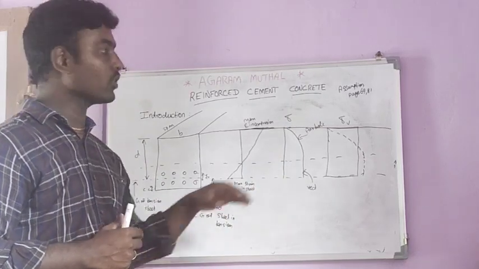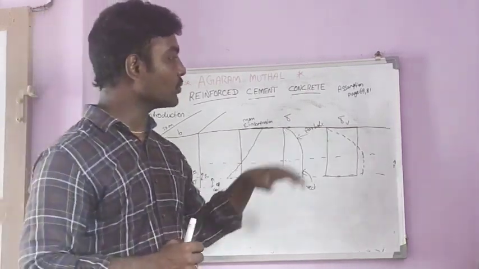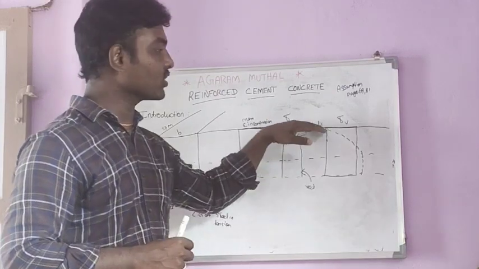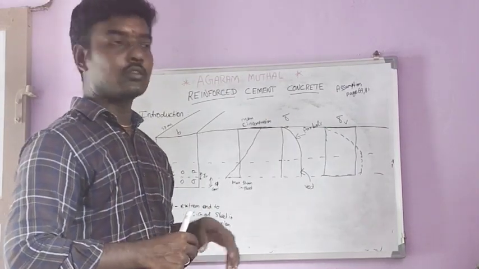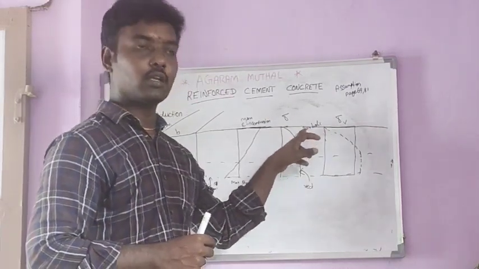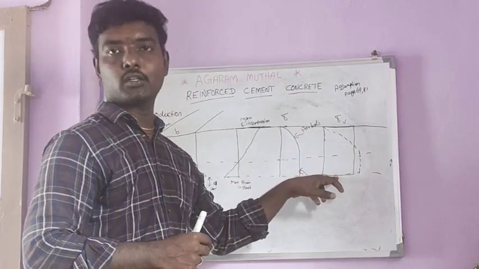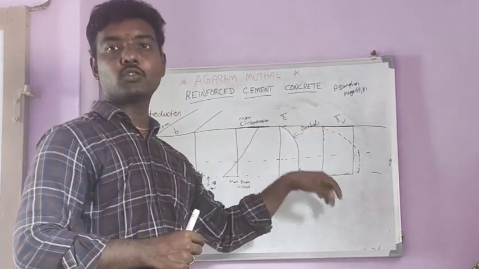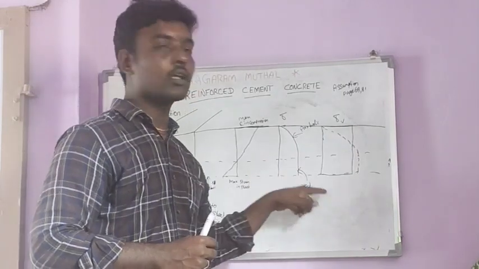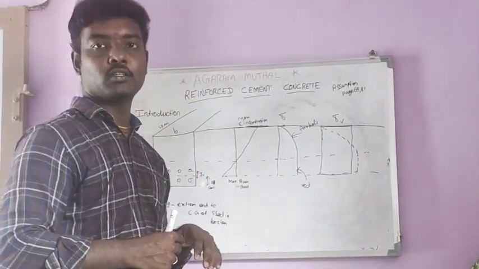This was the conventional one, but based on the assumption that a plane section remains plane after bending, and that it is homogeneous and isotropic, the compression zone and tension zone become a common rectangular portion.